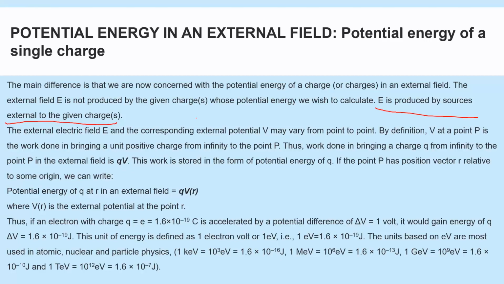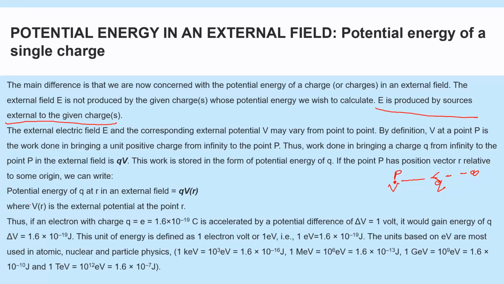If you are trying to do the work in getting a charge Q from infinity to point P in an external field, this is your P, and you're bringing the charge Q from infinity to point P. The work done is Q into V, where V is the potential at point P. And this is going to be the work done in bringing a unit positive charge from infinity to P, and the work done is going to be Q into this potential.